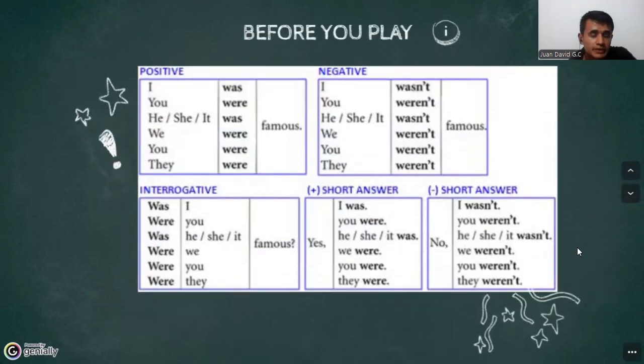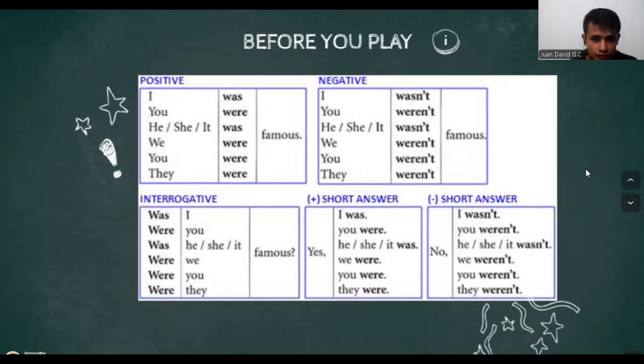Before you play, remember the structure for the past of the verb "to be," as described here, because that will be important in the game. Okay, so "was" and "were." Here is the structure.